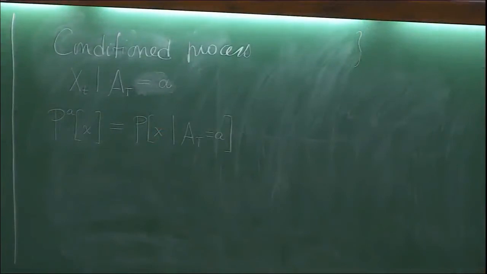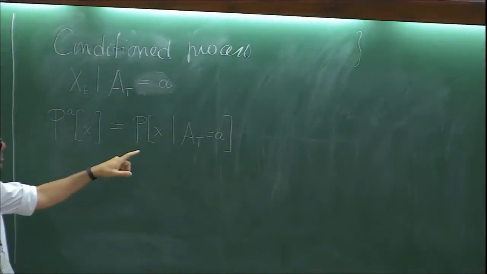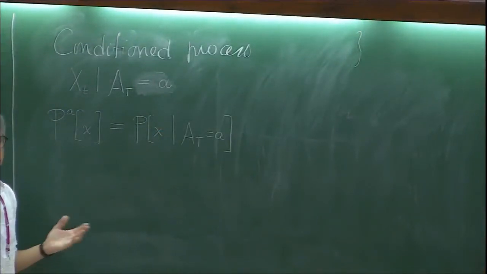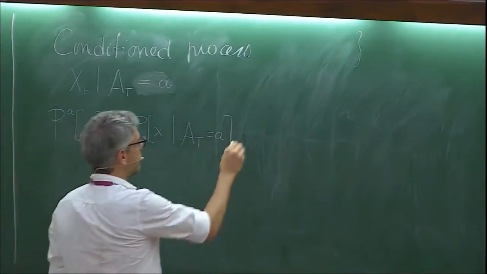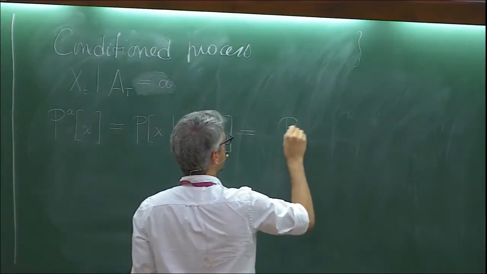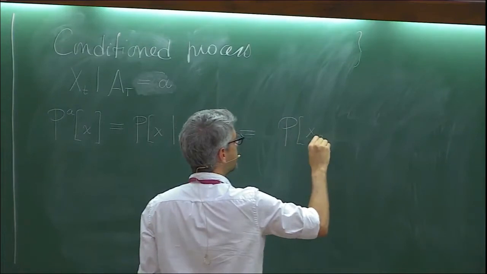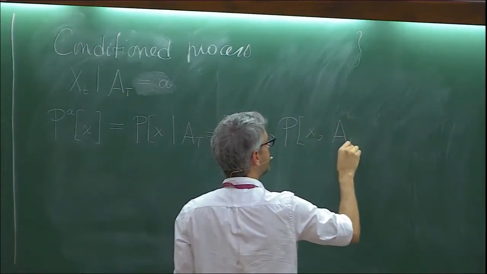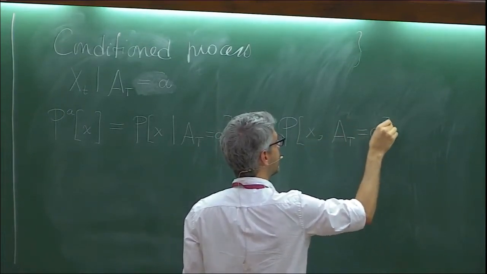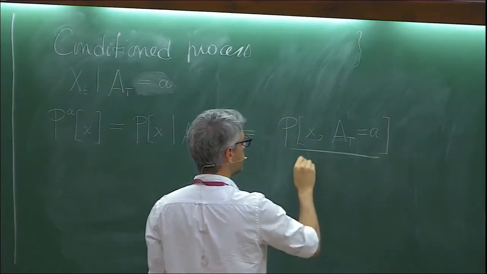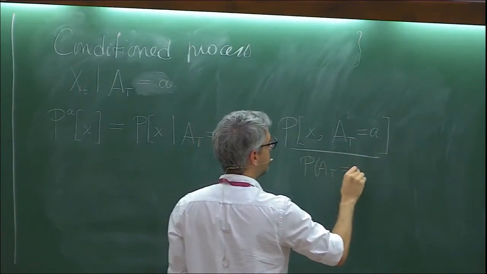Okay, let's go back to the conditioned process. So the idea is that you look at a pathwise conditioning. If I use the definition of the conditioning, I look at all the paths x, the probability of certain x, and that path leads to my fluctuation, and I just divide by the probability of this.